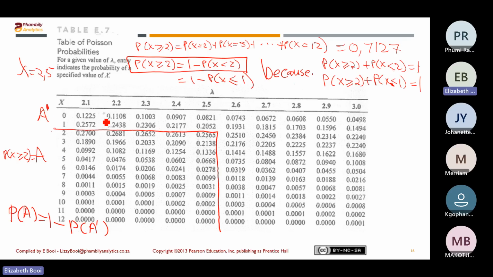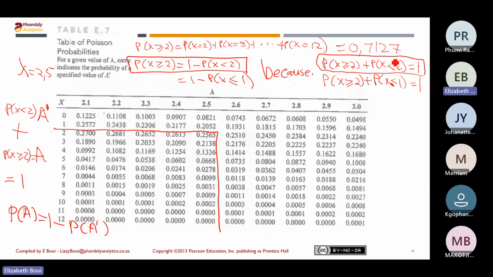So what are those that are not included in A? It will be everything below 2, which is the probability of X less than 2. If I add both of them, the sum should give me 1. And that is why, if I want to find the probability of X greater than 2, I take the probability of X less than 2 and move it over.